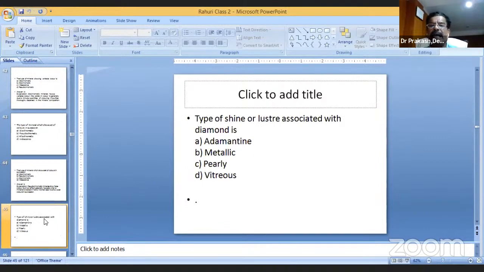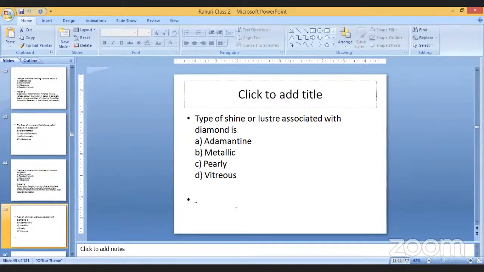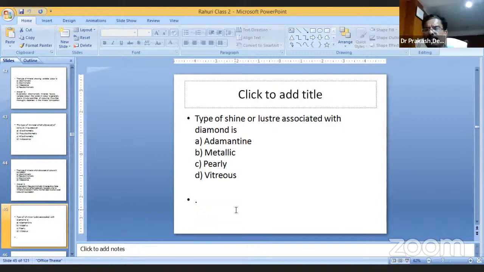Okay. The type of shine or luster associated with diamond is? Vitreous, sir. Hmm? Vitreous. Clearly the type of luster. Which one?